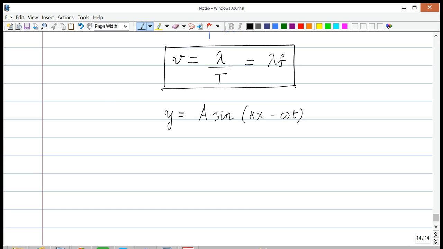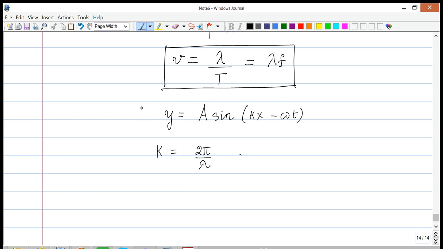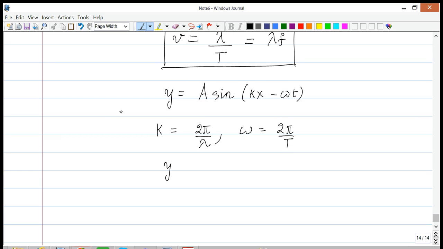The y is the y position of the wave at any instant of time. k is equal to 2π divided by lambda, and omega, you may remember, is 2π over T. So we can write the wave as y = A sine of 2π times (x over lambda minus t over capital T). This would be one way of writing the equation for the wave.